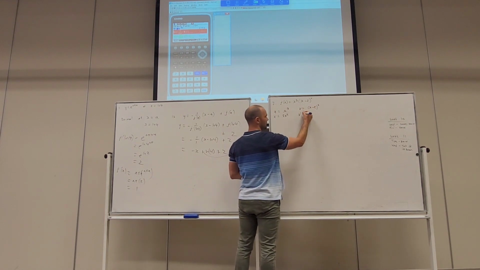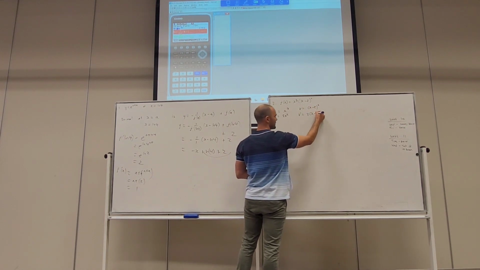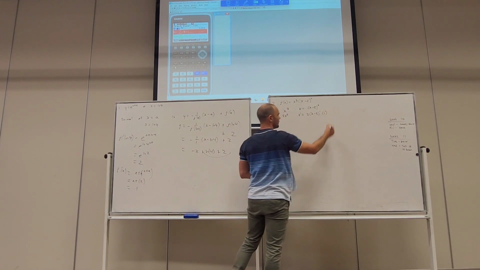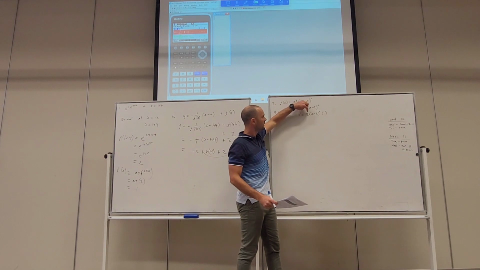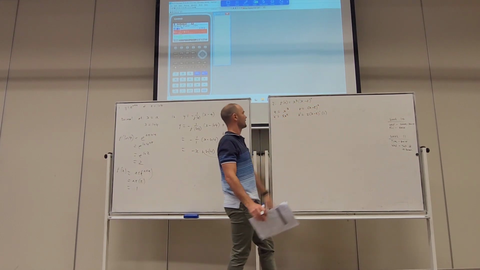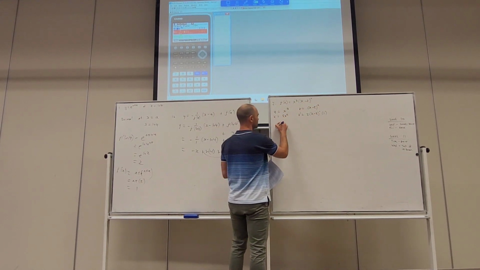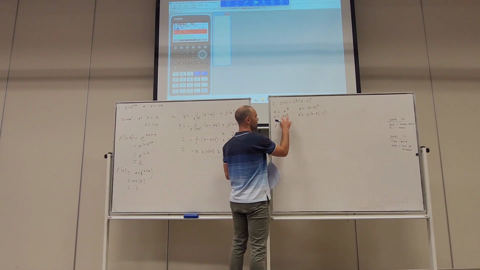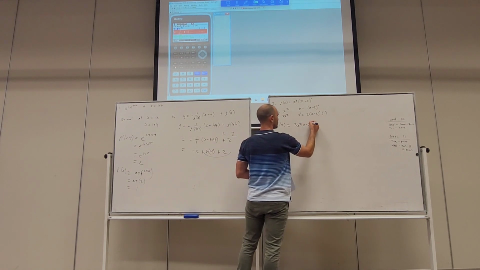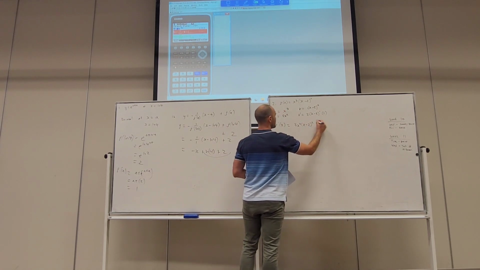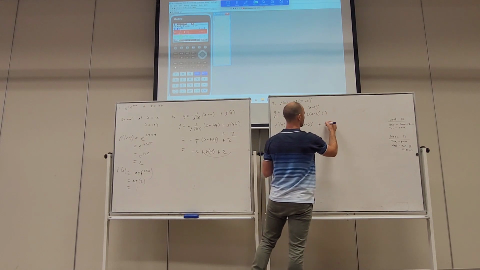And so we'll be using the chain rule, 2 times x take 2 to the power of 1 multiplied by 1. And f of x, and f dash of x. Smash it all together. u dash v plus u v dash.